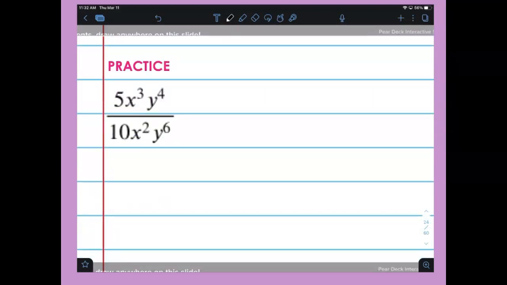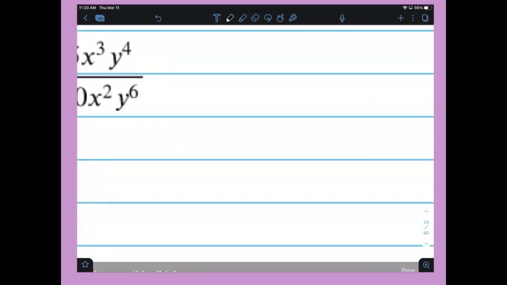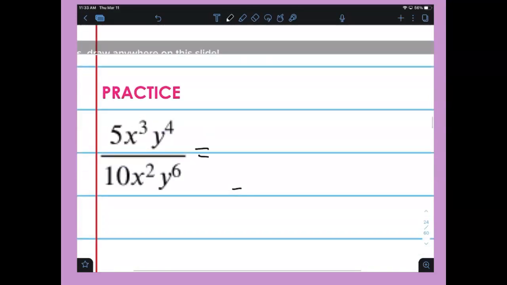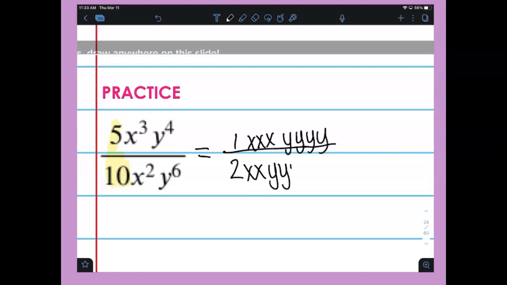Here's one for practice, and this one's important too because it looks a little bit different. We simplify the fraction first, so 5 over 10 simplifies to 1 over 2. Then we have 3 x's on the top, 4 y's on the top, 2 x's down here, and 6 y's. It's really important where they are located.